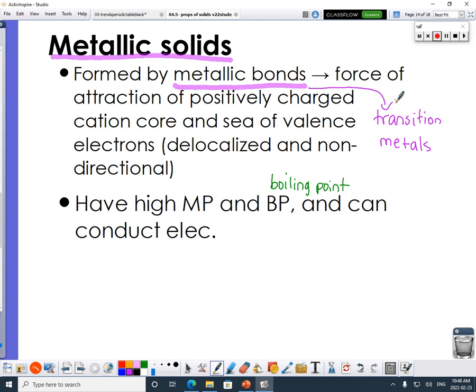Your textbook, because they're not plus minus, calls it non-directional. Non-directional is defined not on the next slide, but the slide after. It basically means no direction, no pattern, okay?